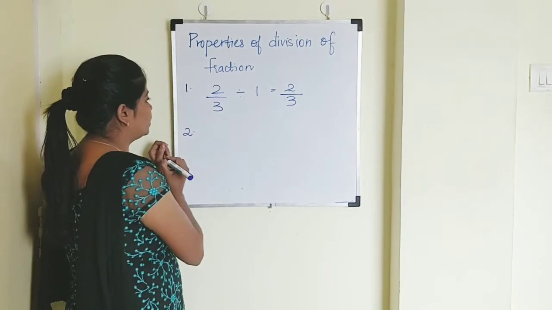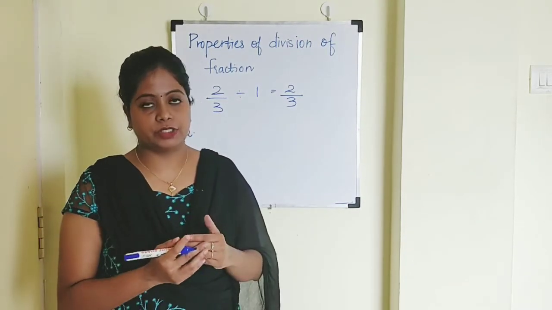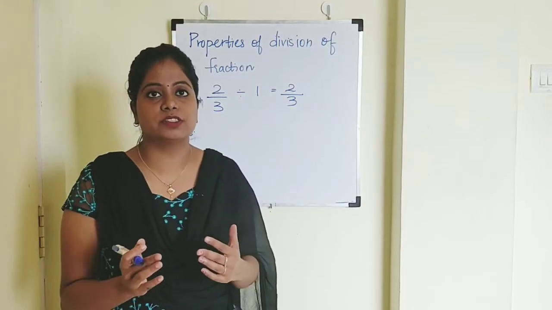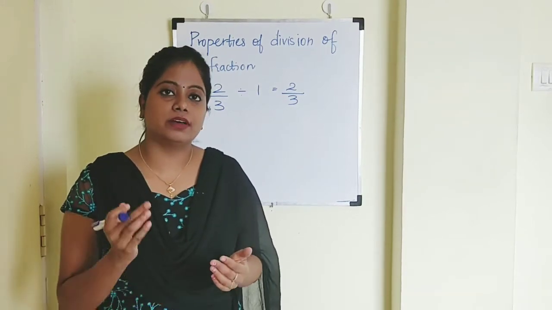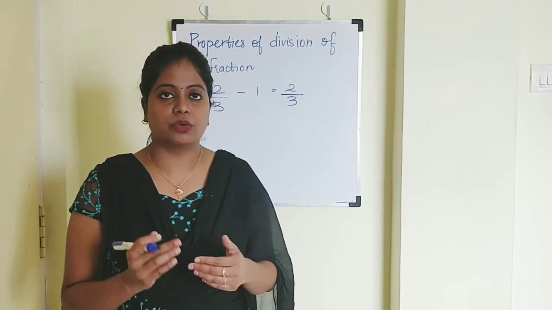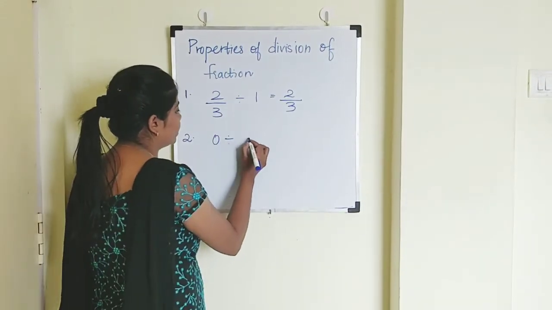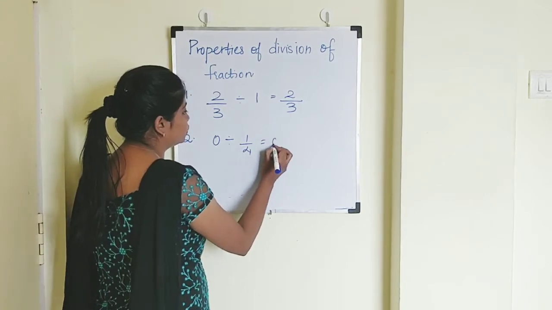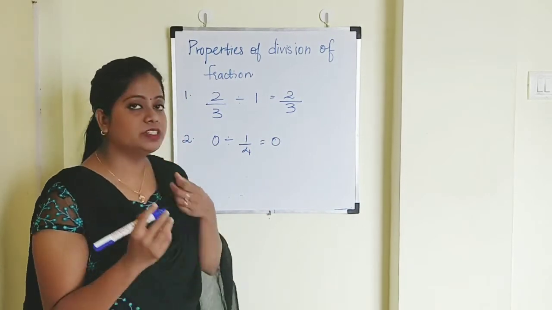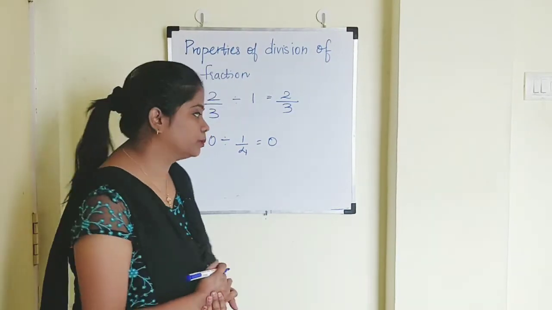The second property says whenever 0 is divided by a fraction, you cannot divide a fraction by 0. It is not valid. Okay, so whenever 0 is divided by a fraction, the quotient is always 0. Like 0 divided by 1/4 is equal to 0. So I repeat, whenever 0 is divided by a fraction, the quotient is 0.